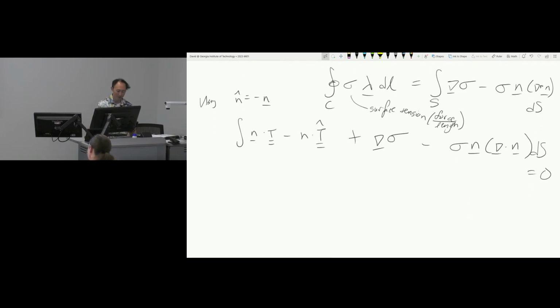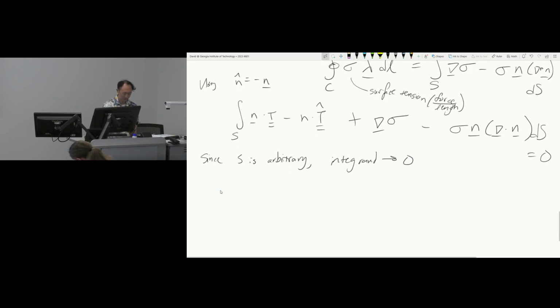And then our usual thing, since S is arbitrary, the integrand goes to 0. And we have our final stress balance, which we're going to break into a normal and a tangential term. So we're moving the stuff with sigma to the right-hand side. That's why the sign is changing.